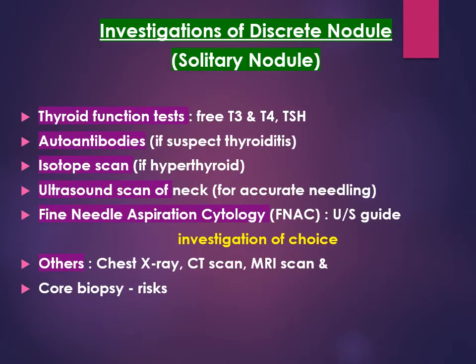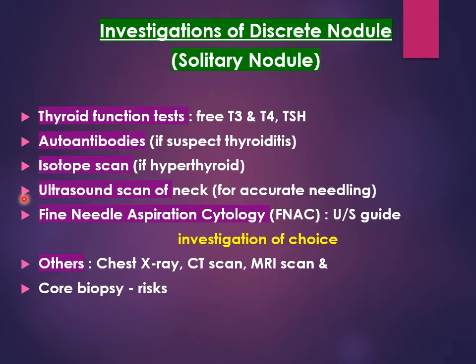Now, what are the investigations you should do for thyroid nodules, especially a solitary nodule? These are the normal tests: thyroid function tests, free T3, T4, and TSH. If you suspect autoimmune thyroiditis, then you do autoantibodies. Radioisotope scan, especially if there is hyperthyroidism.